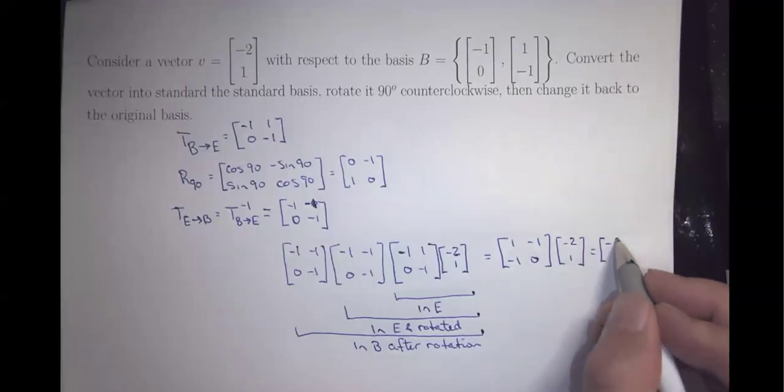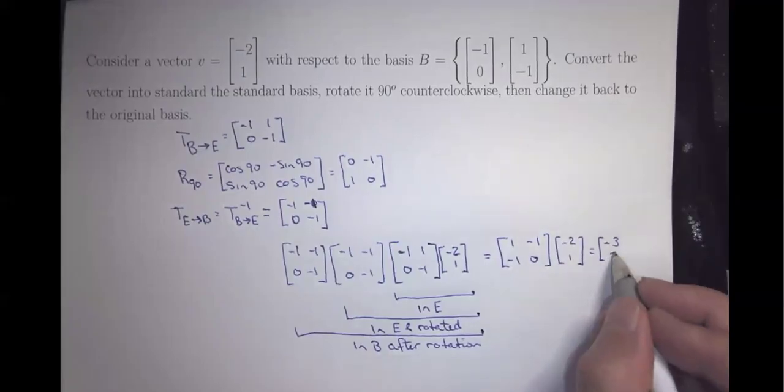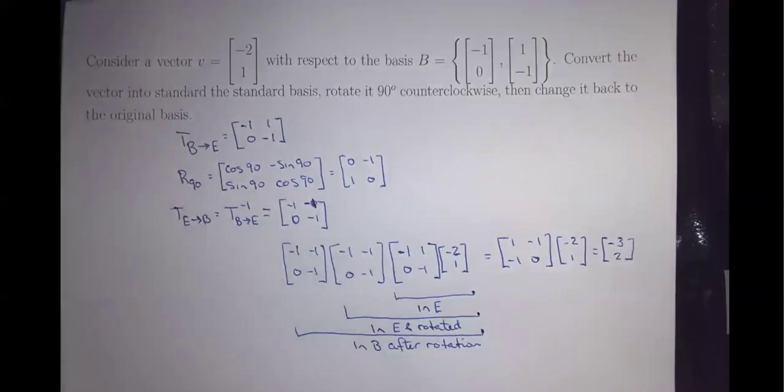That's -3, and then +2. And so that's the vector I get after I move it into my standard basis, rotate it in the standard basis, and move it back to my given basis B.